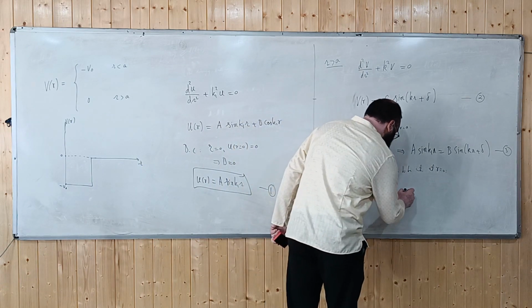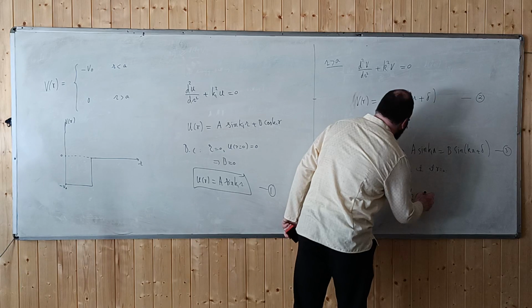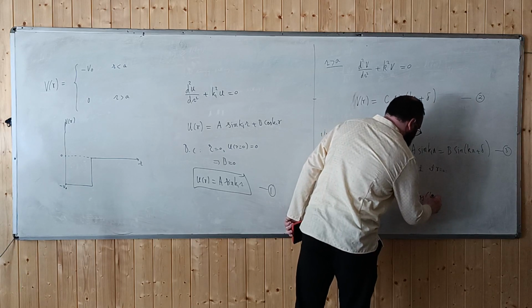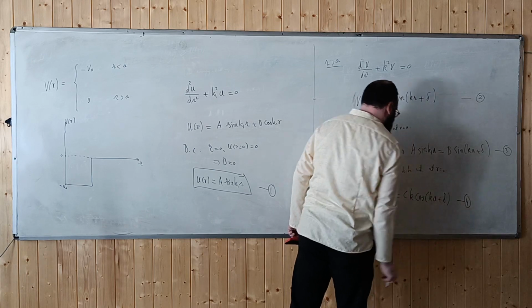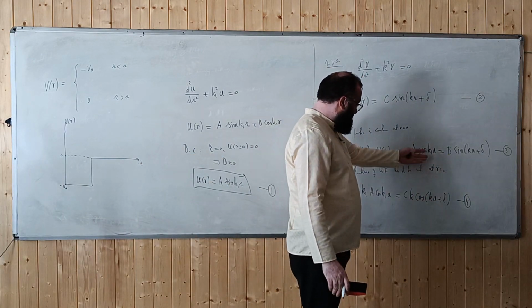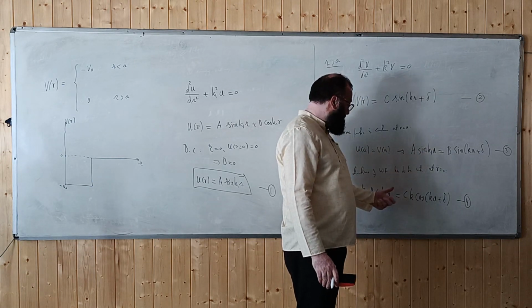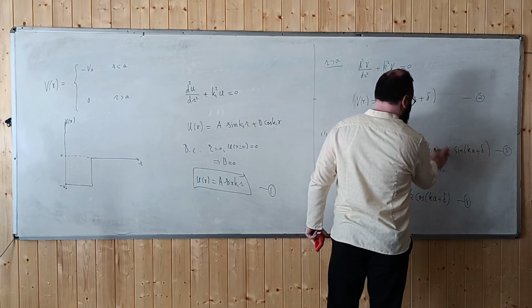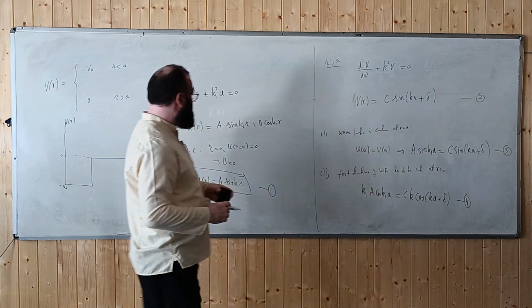So here it will be c k cosine of (ka plus delta). Let's call this 4. Okay, so divide third by 4, so that you can eliminate a and, sorry, c. It's c. So just divide third by 4.